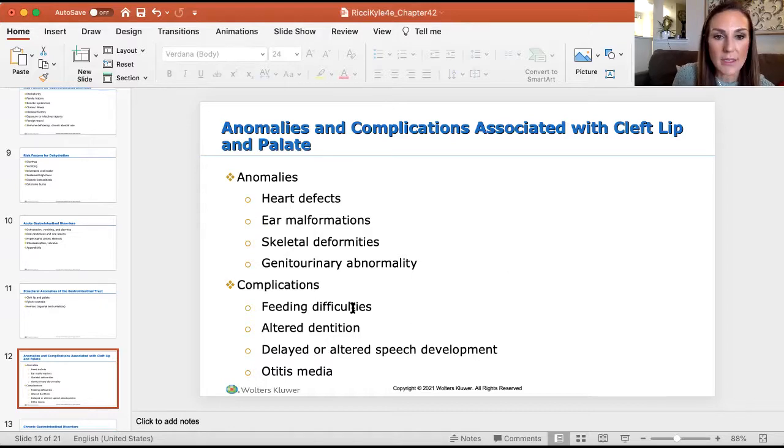Some of the anomalies include heart defects. Mrs. Fairchild talked about that in the cardiac section. I know that when we go into the skeletal system, they talk about cleft lip and cleft palate again, and then it causes some ear malformations, and there are some genitourinary abnormalities also.